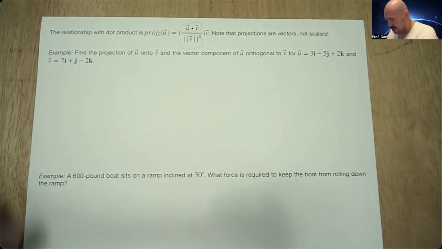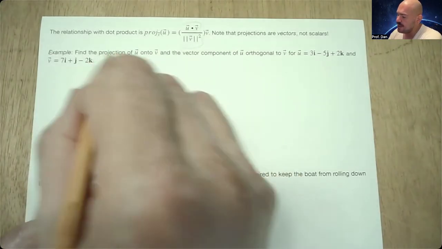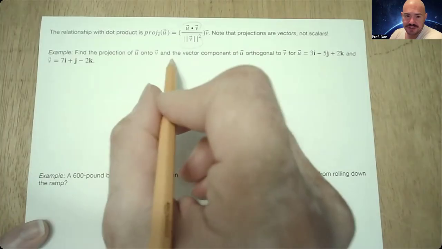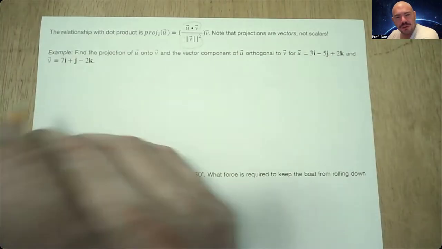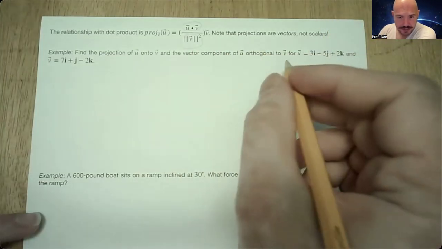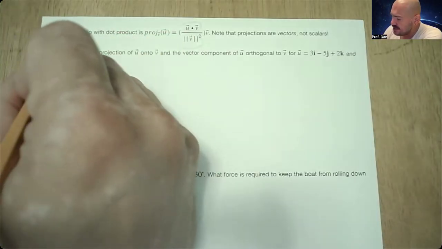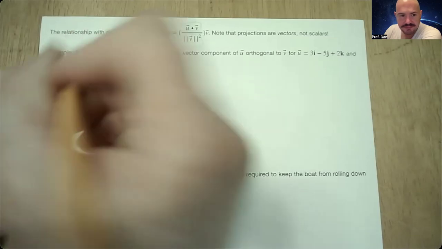All right. So with that in mind, let's look at another example. So let's say that we want to find the projection of u onto v and the vector component of u orthogonal to v. So this one's asking us to do a couple of things. First, let's get our projection. To get the projection, I need to know my dot product, u dot v.